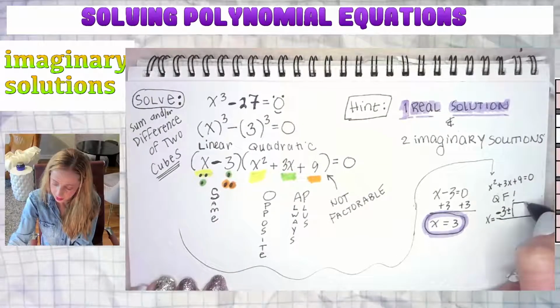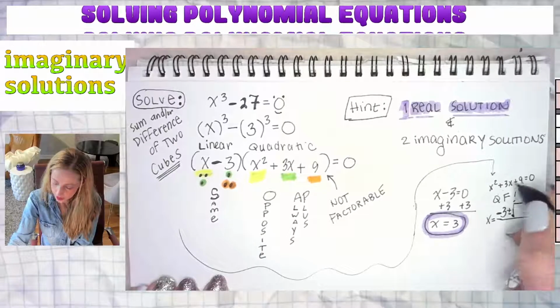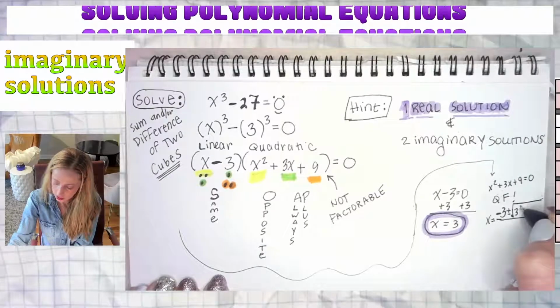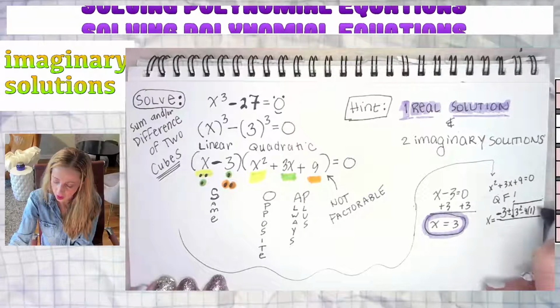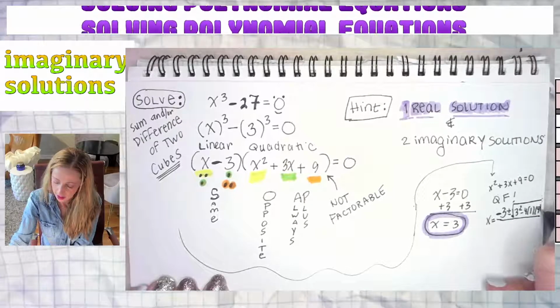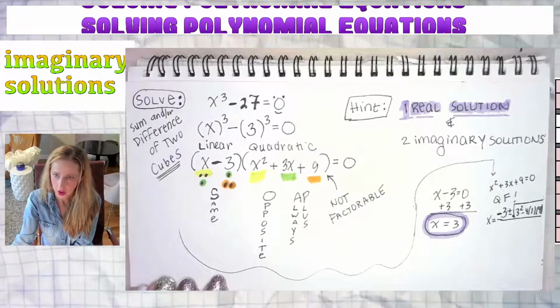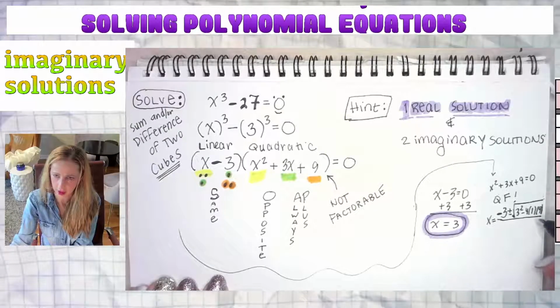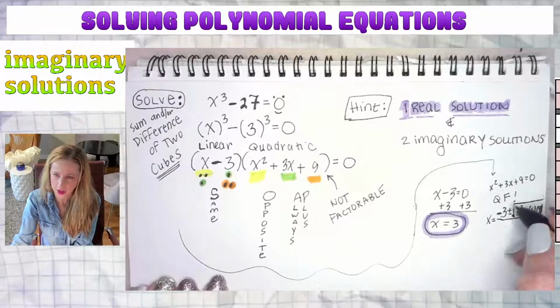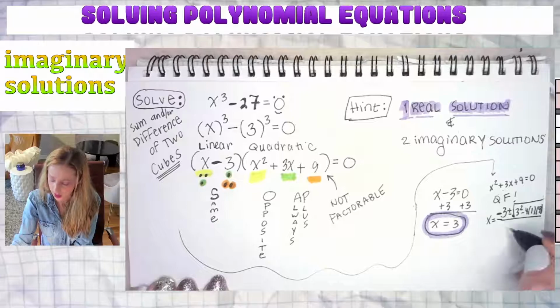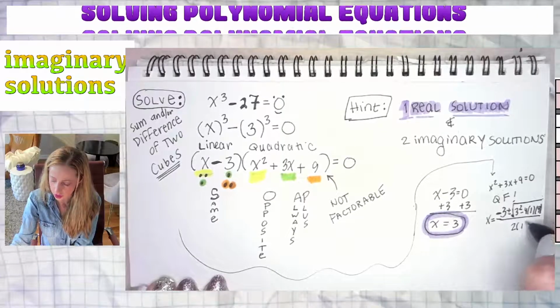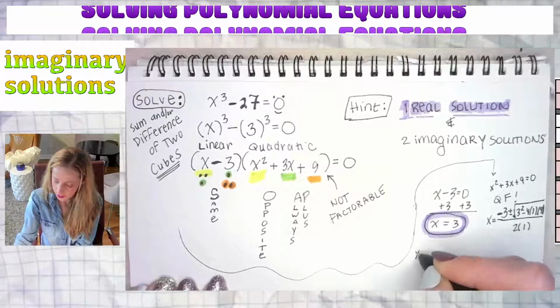B squared, that's 3 squared, minus 4. A is 1. C is 9. Sorry, it's so squashed. Negative 3 plus minus the square root of 3 squared minus 4 times 1 times 9, all over 2a, which is 2 times 1.